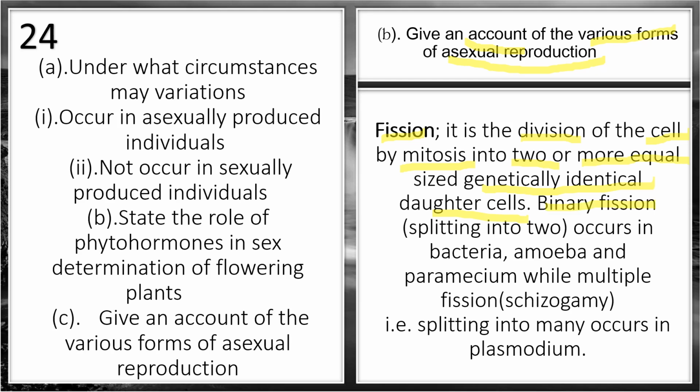Binary fission, splitting into two, occurs in bacteria, amoeba, paramecium. Multiple fission, schizogony, splitting into many, occurs in Plasmodium.